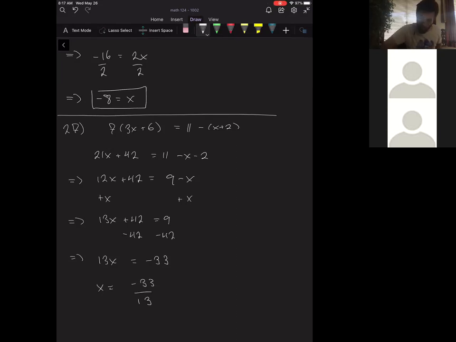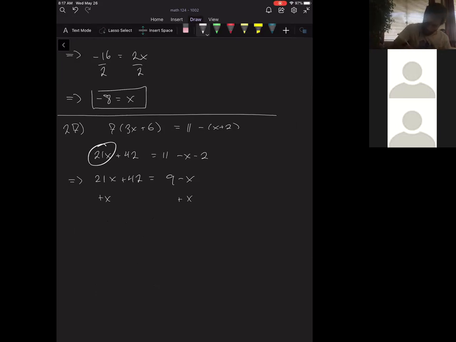I turned this 21 into a 12. Sorry, I wrote these numbers backwards. That's the mistake I made. See, this is a 21, but I wrote a 12 here. That needs to be a 21. I just wrote the numbers backwards. Sorry. Let's erase all this. That's where the typo came from. So yeah, this needs to be a 21 here, not a 12.